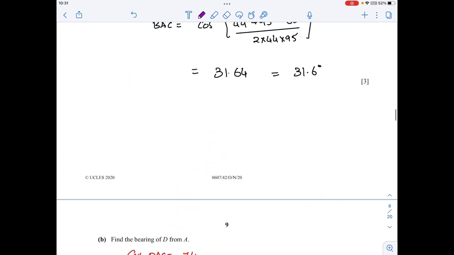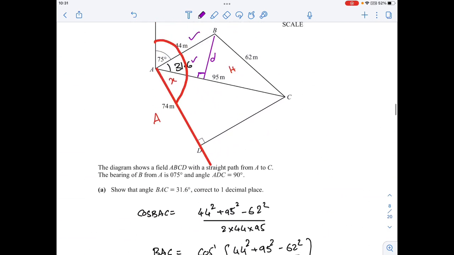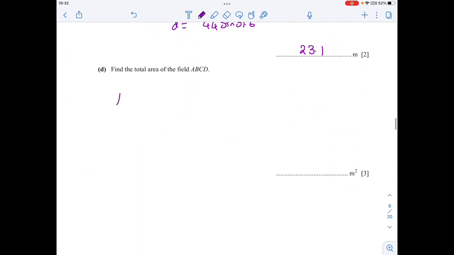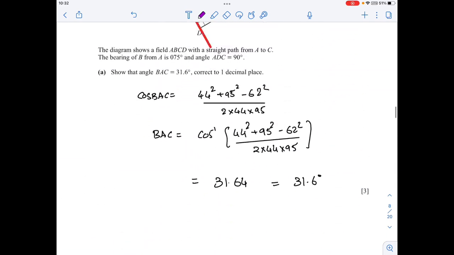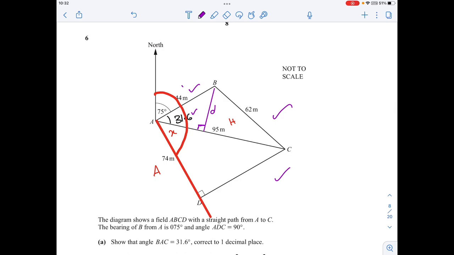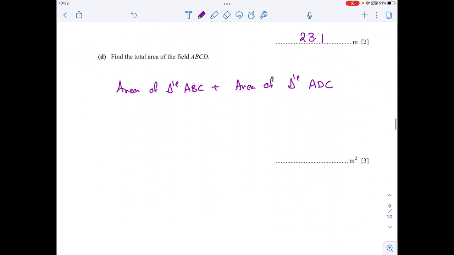Find the total area of the field. It is nothing but the area of triangle ABC plus the area of triangle ADC. For ABC, we know 44 and 95, and the angle between them is 31.6.